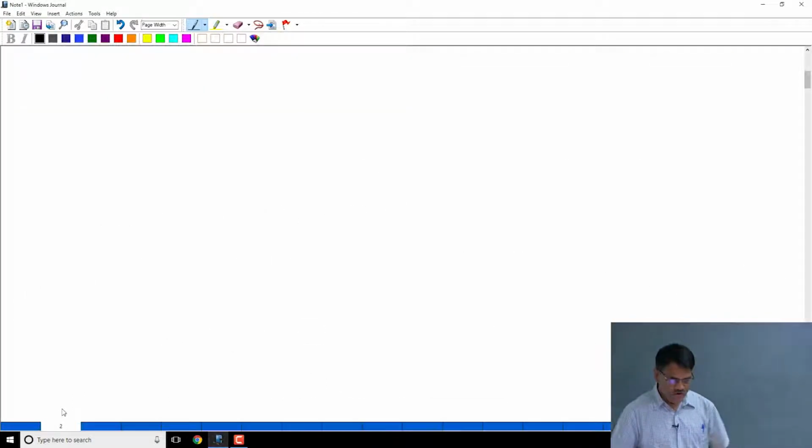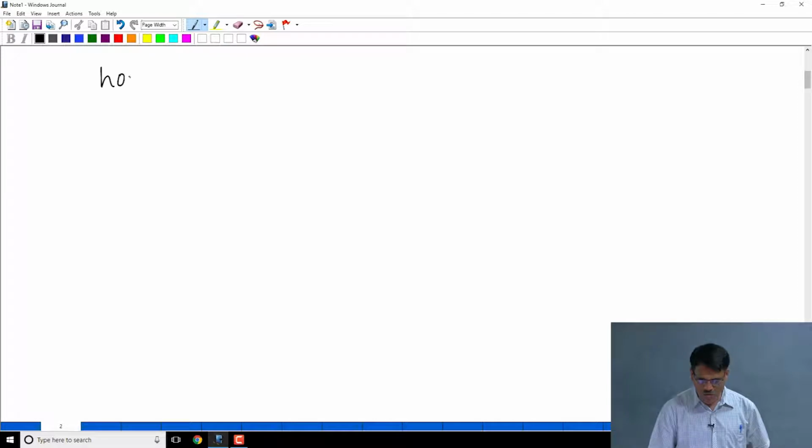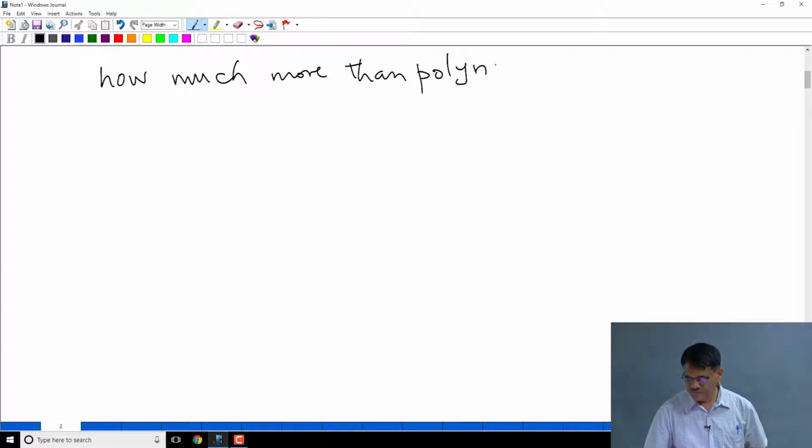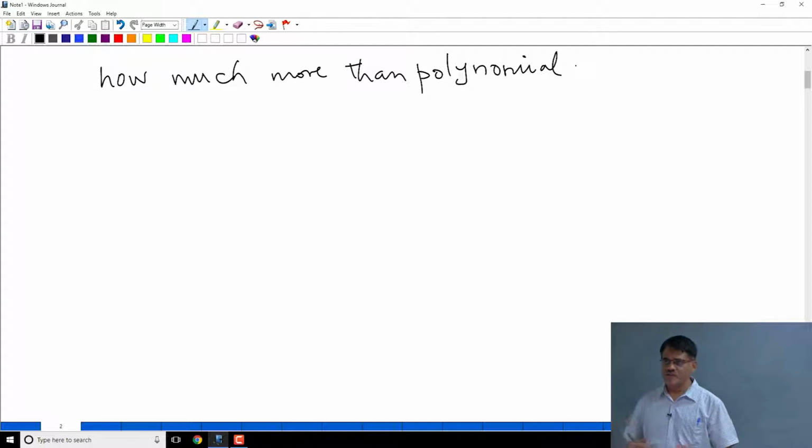So, for example, how much more than polynomial? Do you really need exponential time, or do you need 2 power n time, or what? Is it enough to do it in 1.5 power n, or is it enough to do it in 2 power square root of n time? These are all super polynomial, but I live with the fact that I do not expect a polynomial time algorithm, but how much can you do?